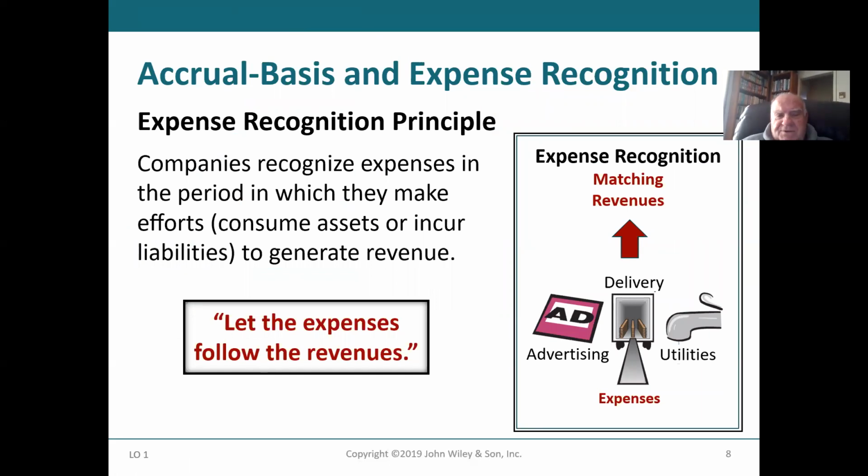Same thing with expenses. You recognize expenses when they are incurred. For example, at the end of the month, you worked a few hours, you worked 3 or 4 days on your job, the last 3 days of the month.